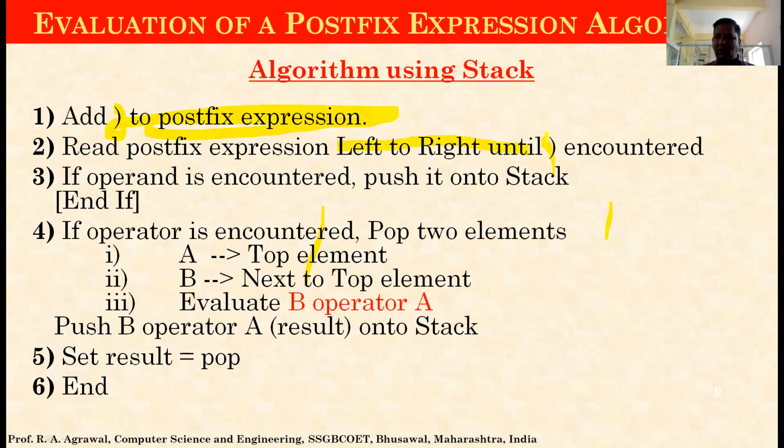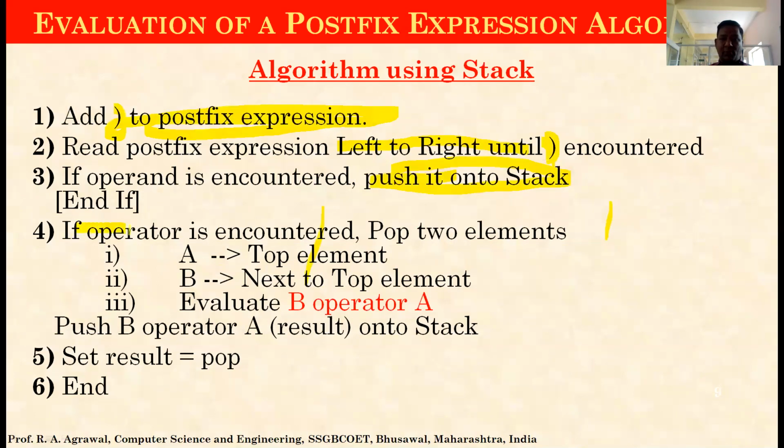The closing bracket denotes that we are at the end of the postfix expression, because we add it at the end. So whenever you encounter a closing bracket, that means we are at the end of the postfix expression. If an operand is encountered, we push it on the top of the stack.